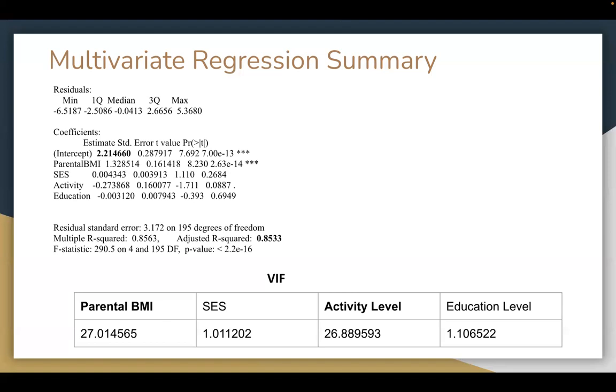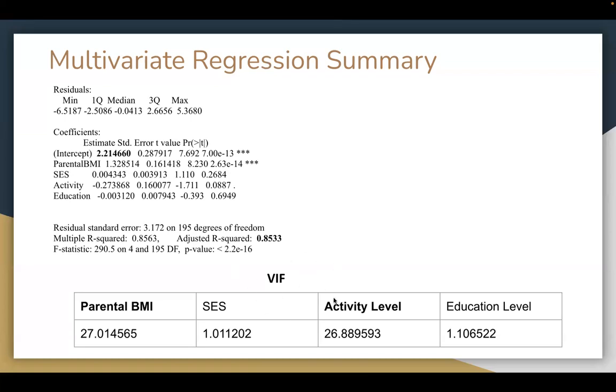So it's likely suffering from multicollinearity when grouped together with parental BMI, since they both have some really high VIFs, but parental BMI still is statistically significant. But for the sake of time, I'll leave that how it is.